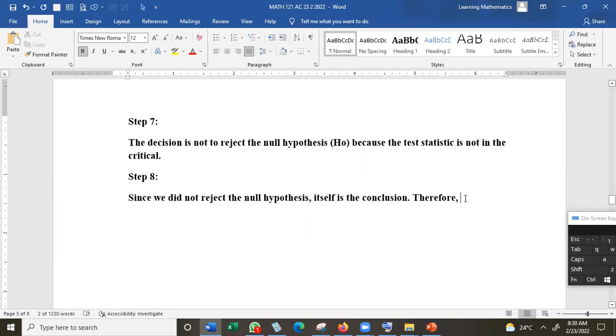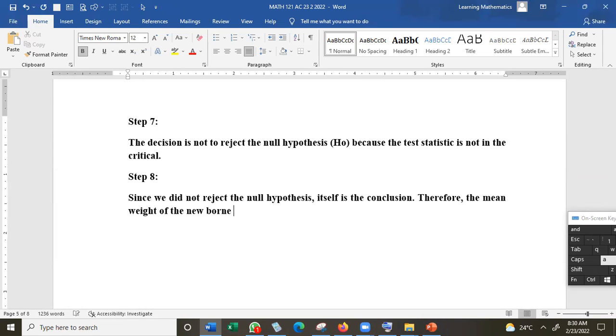So therefore, the mean weight of the newborn babies is equal to 8 pounds based on the data.